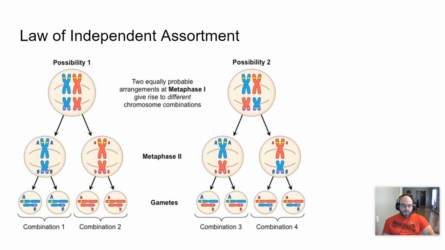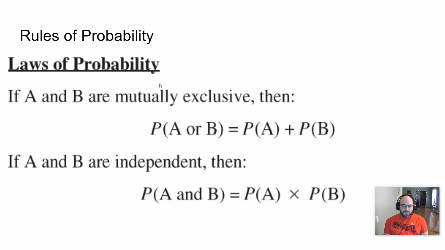Where's big B going to go? Well, big B could go with big A, or it could go with little a. And so this idea is that each chromosome sorts itself independently of the other chromosomes. All the big letters don't always stick together. And so this creates lots and lots of genetic variation and different combinations.